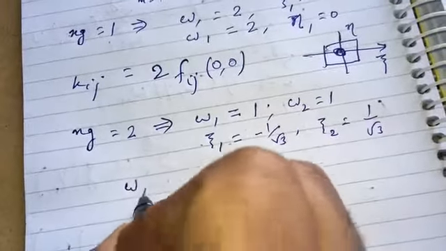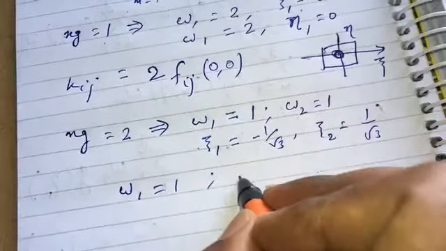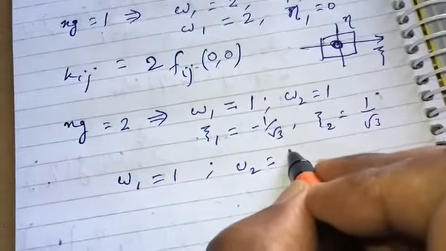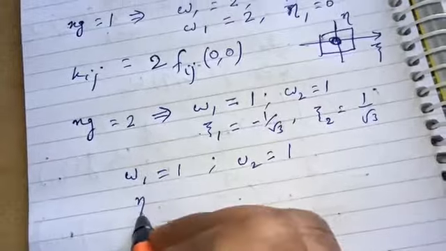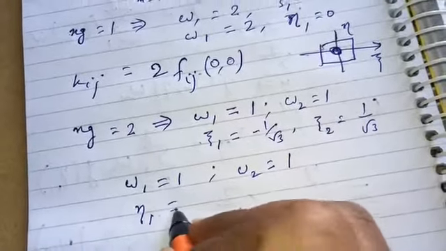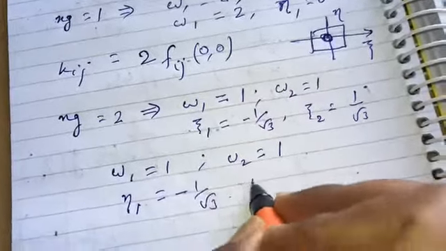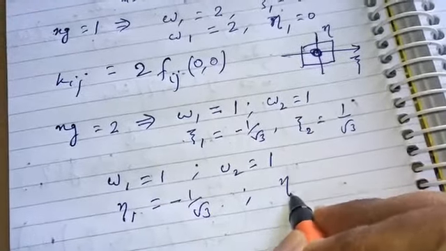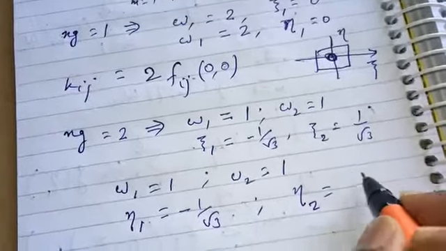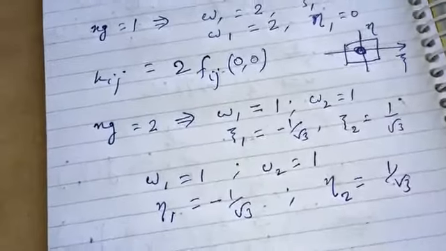So, for the eta direction w_1 equal to 1 and w_2 equal to 1, and eta_1 is equal to minus 1 over root 3 and similarly eta_2 equal to 1 over root 3.